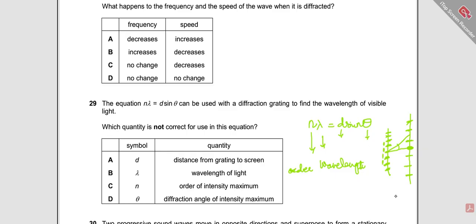So this D is not the separation between the grating and the screen. It is the separation between these adjacent openings. This makes us conclude that A is wrong. Lambda is still the wavelength of light, n is still the order of intensity maxima, and theta is the diffraction angle. However, this D is not the distance between the grating and screen.